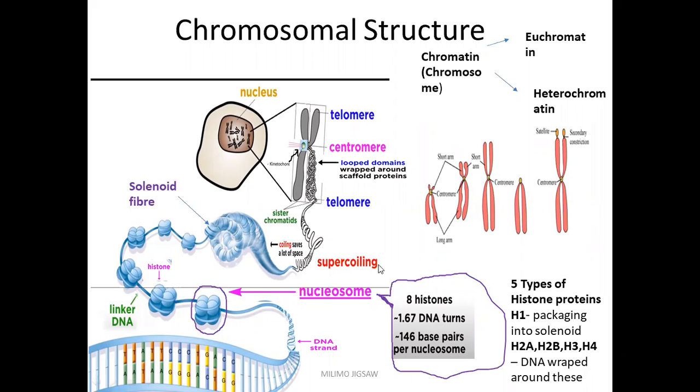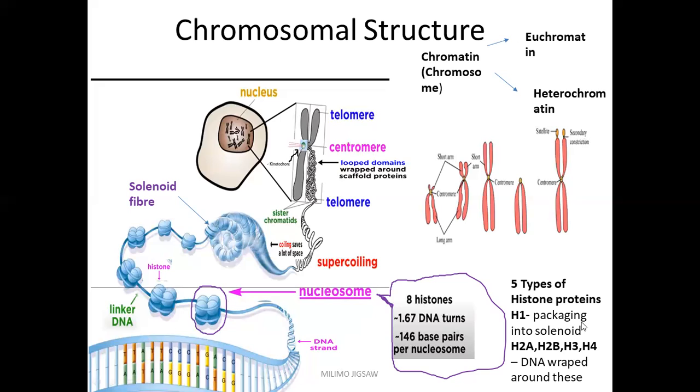This is the nucleosome, and it contains 8 units, or 8 histones. The nucleosome appears like a bead structure when we look at it under the microscope, and consists of 8 units, 2 each of H2A, H2B, H3, and H4.